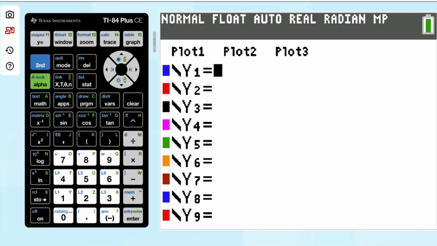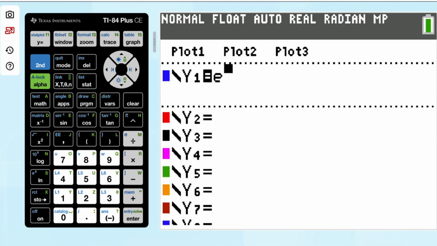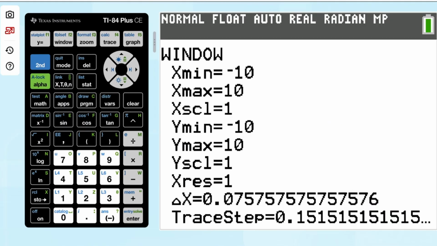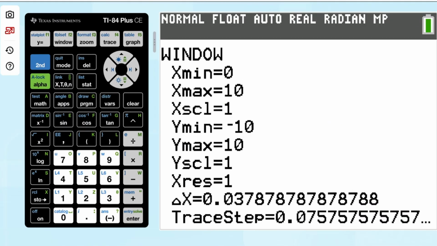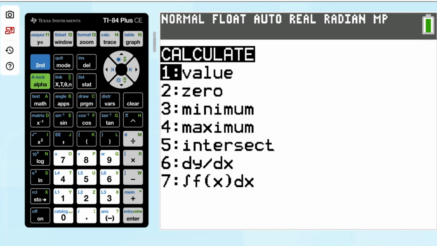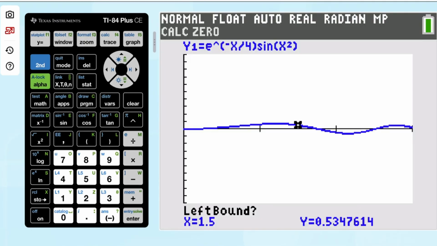So our function was e to the negative x over 4 times the sine of x squared. So we'll graph this. We're looking at the interval from 0 to 3. So I'm going to change my window. I'm going to hit window and put my x-min as 0 and my x-max as 3. We'll graph it again. And now we'll hit second trace, option number 2 for zero.